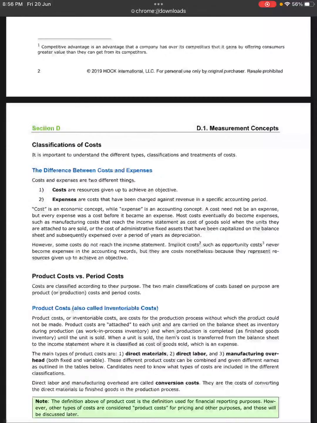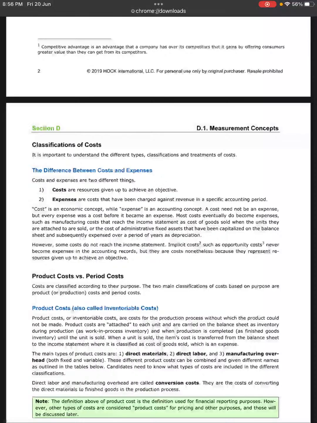And now product cost and period cost. What is product cost and what is period cost? Mainly, product costs are those costs we incur to produce one product. Suppose I produce one product, it will require direct material, direct labor, and manufacturing overhead.